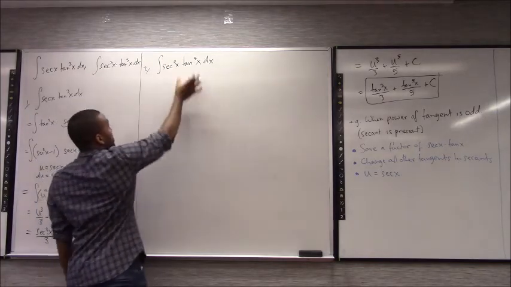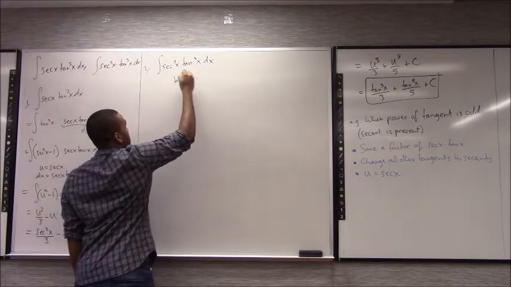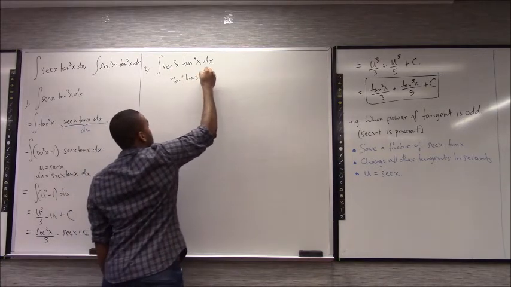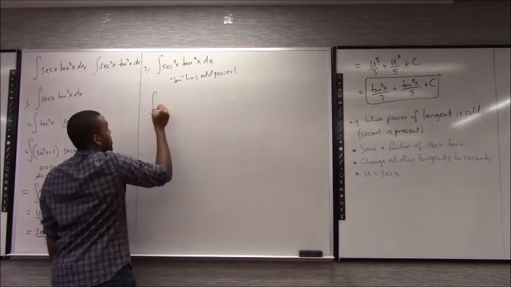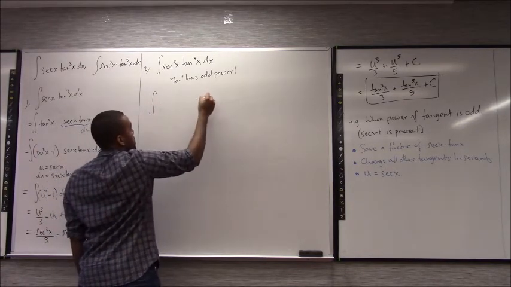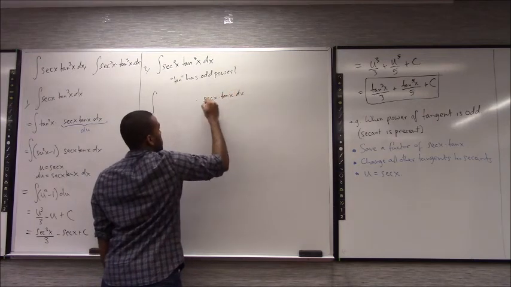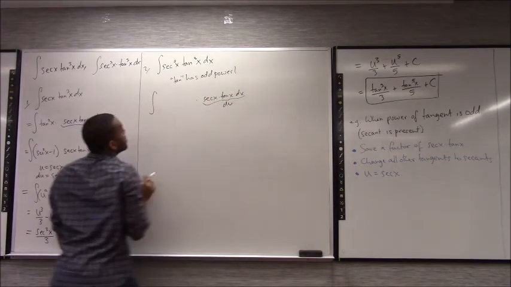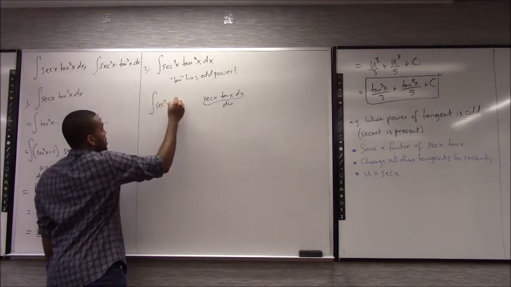Okay. Again, here we know that tangent is odd. So you kind of put a secant times tangent at the end, so du. You'd be left over with secant squared, tangent squared.